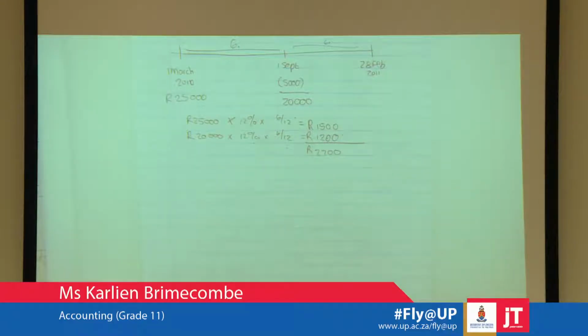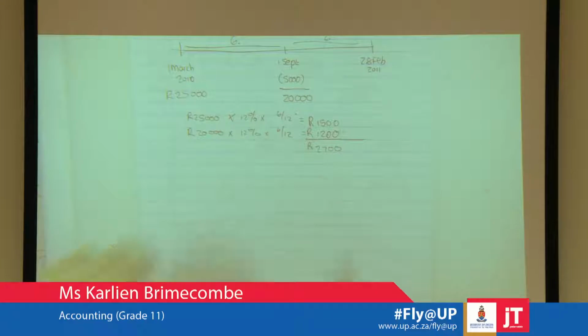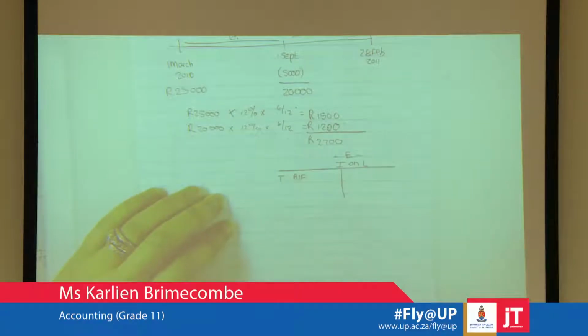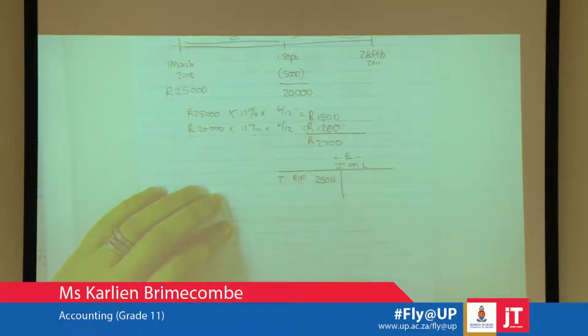Okay, but now if you look from the pre-adjustment trial balance, interest on loan is an expense which has a total brought forward of 2,000. So what is it that I'm supposed to do? Okay, I've just calculated what my interest is supposed to be for this accounting period. The difference is equal to how much?